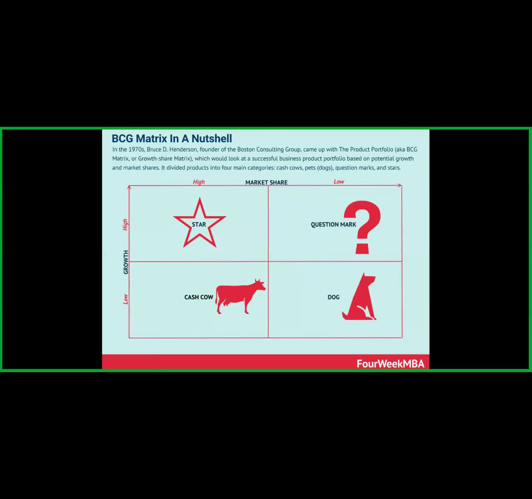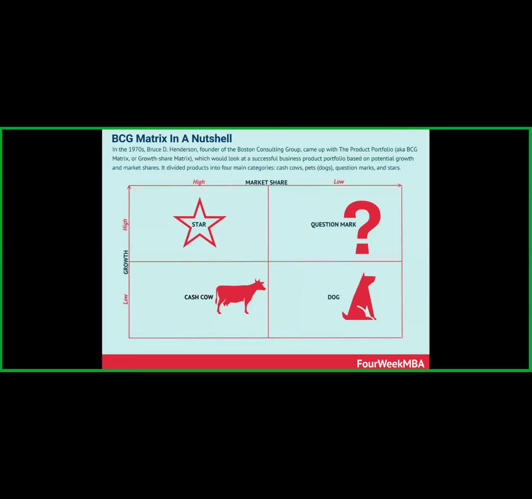In stars, we have seen more returns, more market share, more potential, but more investment is required. Here, less investment is required, and still the company is giving more returns.